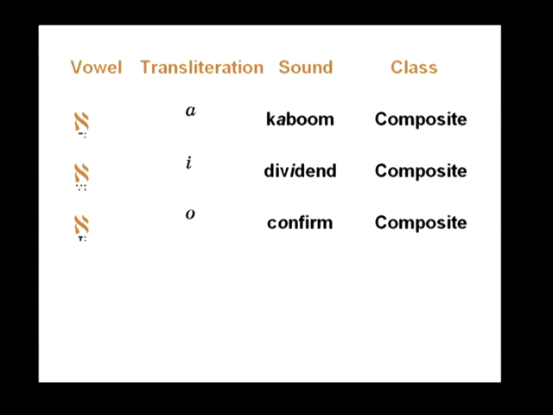But instead of calling it a hatef komets hatuf, it's simply called a hatef komets. Because the shortest sound you can have for the O and U class vowels and still be a full vowel is the komets hatuf.